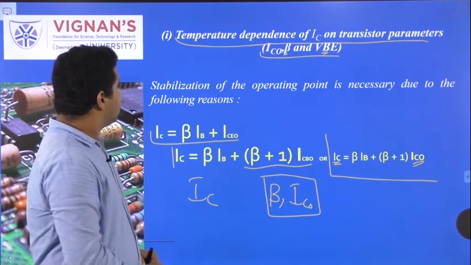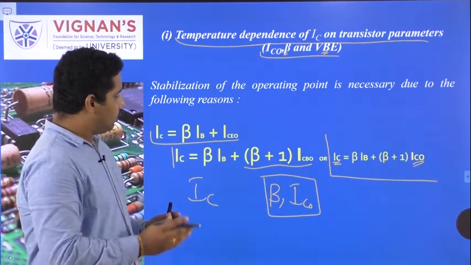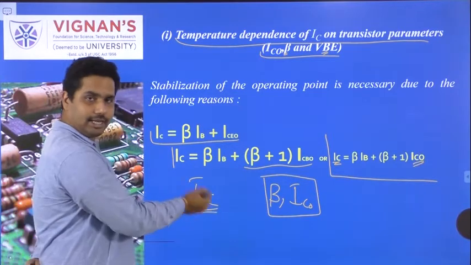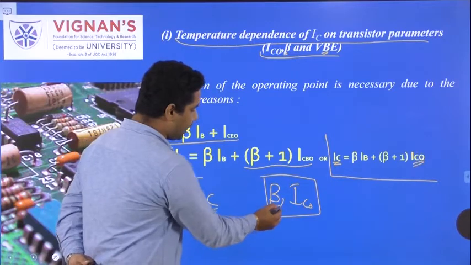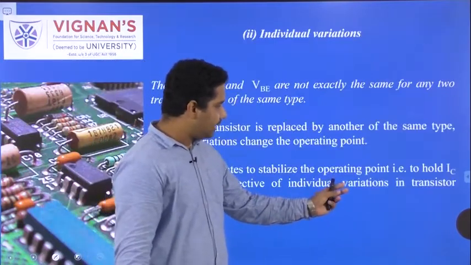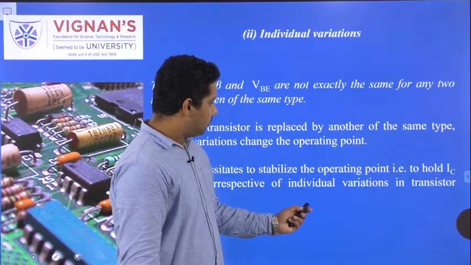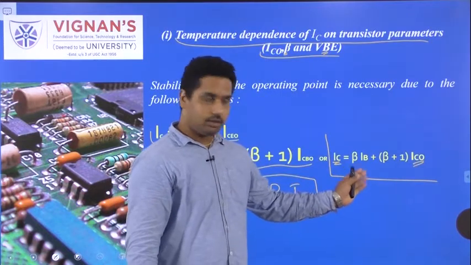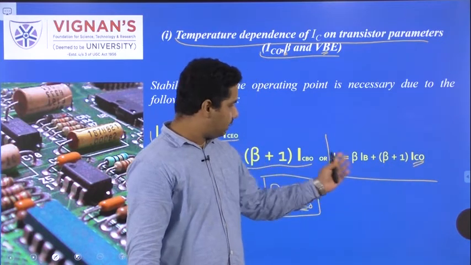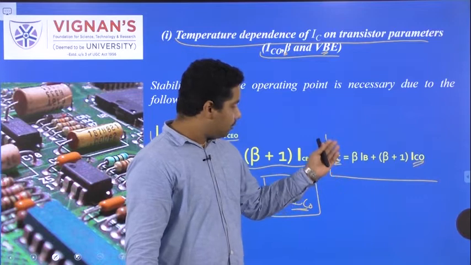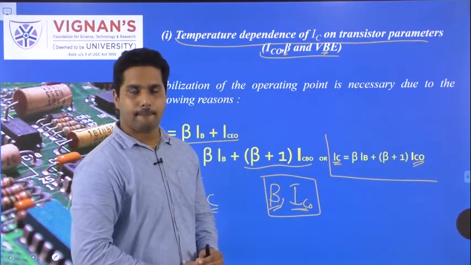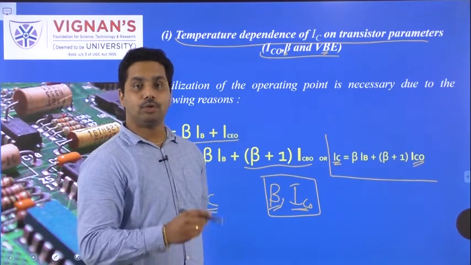Okay, so we have to ensure that this collector current is not changing even though beta and IC naught are varying. As per the relation, it is very clear that when beta or your leakage current IC naught, if these two parameters are changing, obviously your collector current also will change. If collector current changes, what will happen? Your Q point will change. Okay, and you know that the Q point should not change, right?